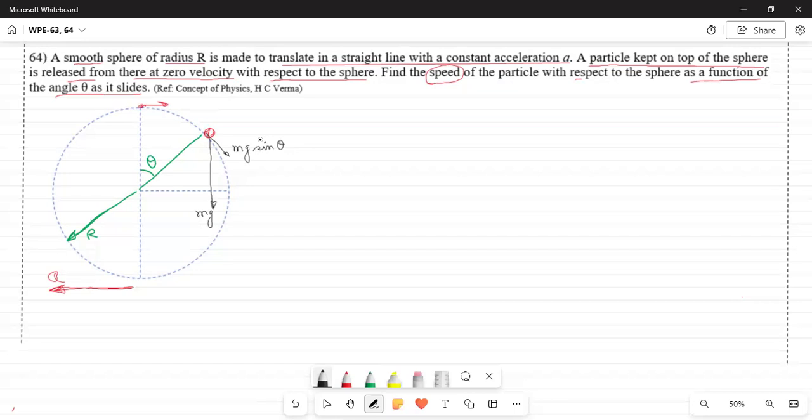Now, the particular catch of this problem is that the sphere itself is moving with an acceleration towards the left. Then this body, which is on the sphere, is also moving to the left along with the sphere.